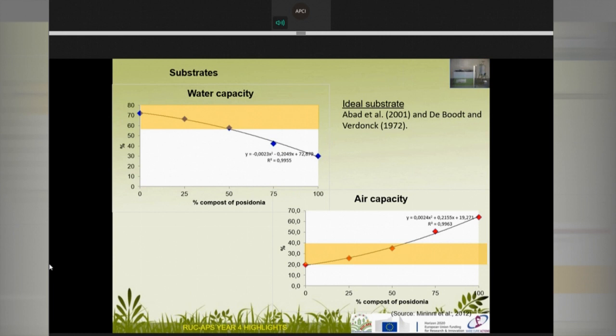This is important to know because a farmer can manage a low water capacity of the growing media, for example, by increasing irrigation frequency, but cannot manage a low air capacity of the substrate that could generate anoxia problems at root level.